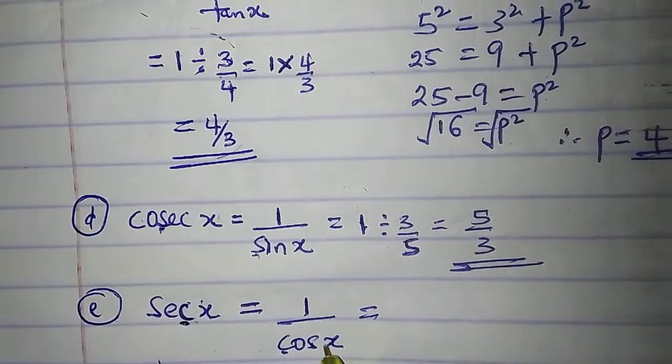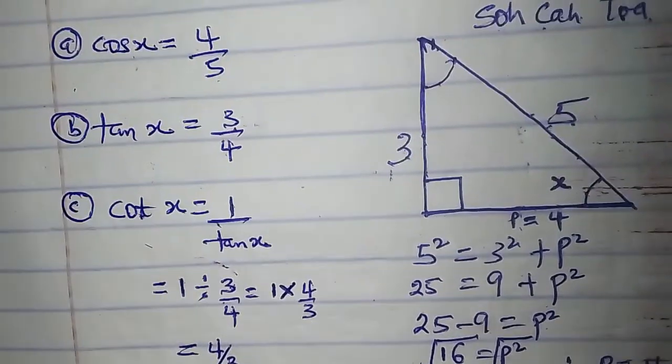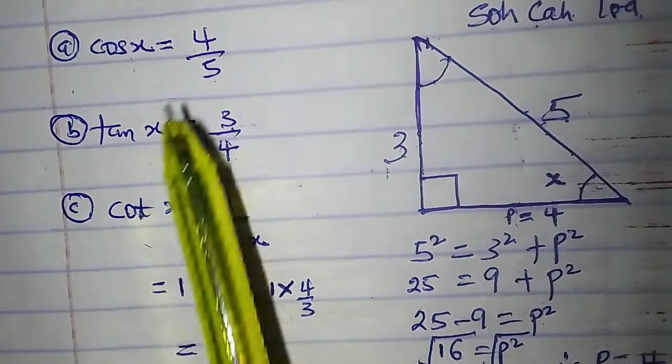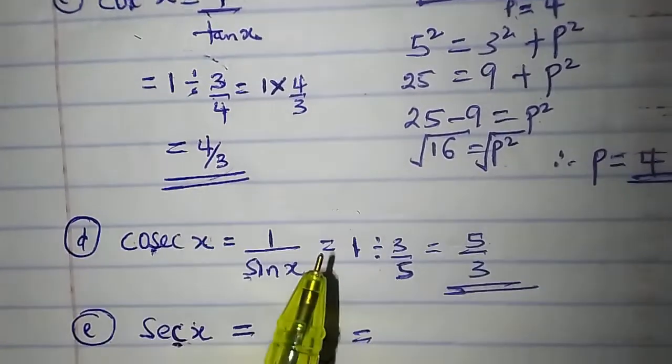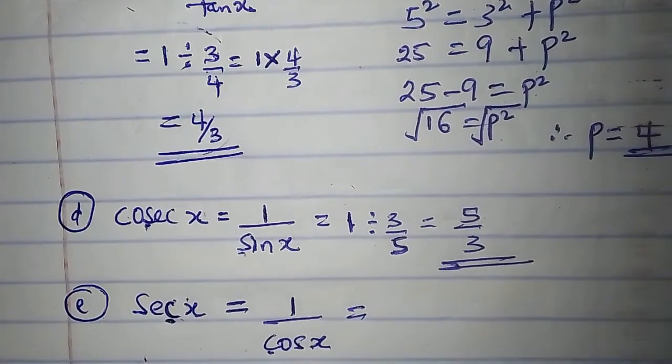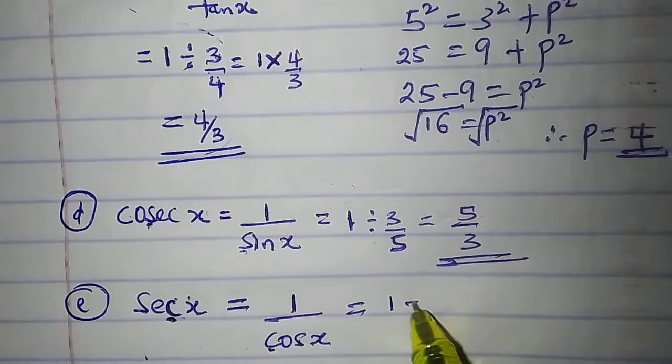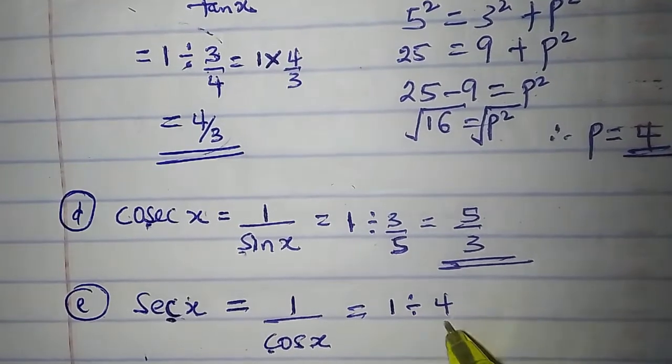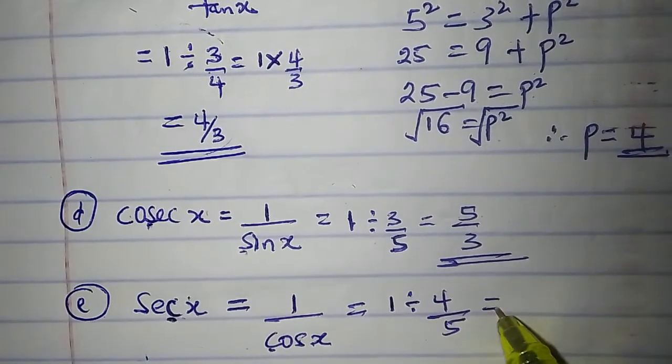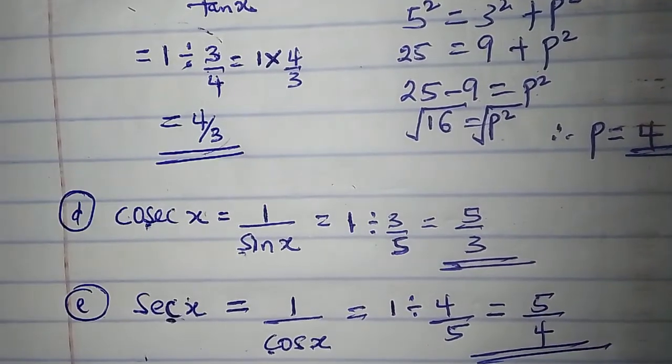So what is our cos x? Cos x is 4 over 5. So sec x will be 1 divided by 4 over 5. Manipulating this, we have 5 all over 4. It's as simple as this.